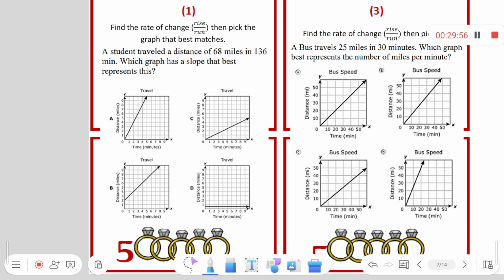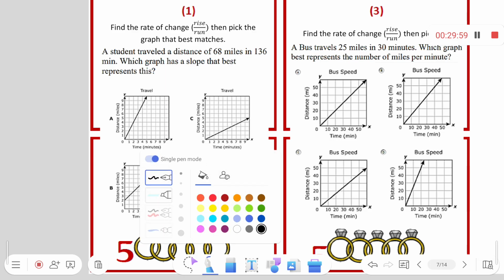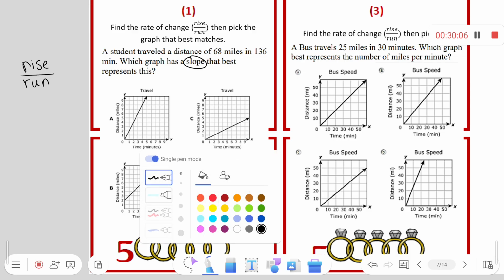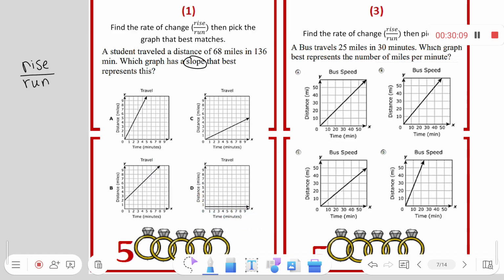This is again a slope problem where we want to find the slope because it says that. Slope is rise over run, and then we want to match it to the graph. So all of these graphs have a rise that talks about miles. Well, in the problem, they tell us 68 miles.